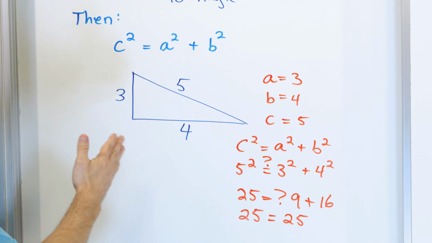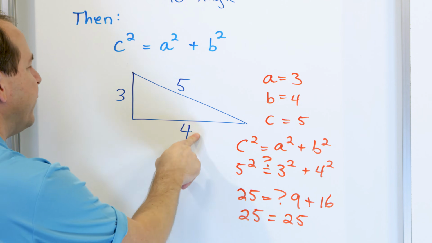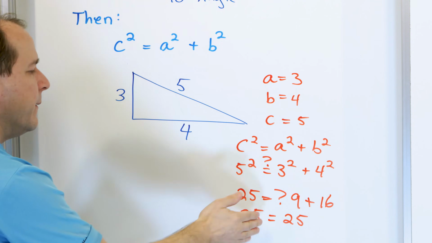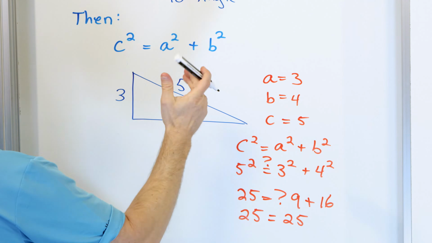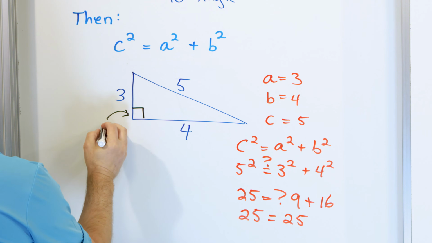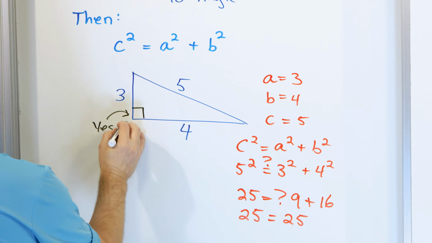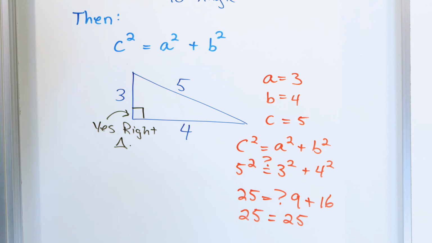Because a distance of 3, a distance of 4, and a distance of 5 works exactly in the Pythagorean theorem, you can say with certainty that this has an actual 90-degree angle here. Yes, this is a right triangle.